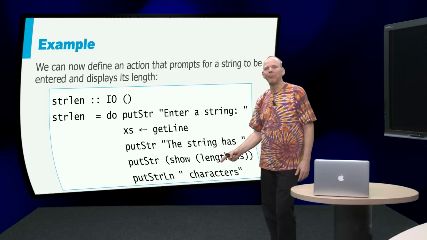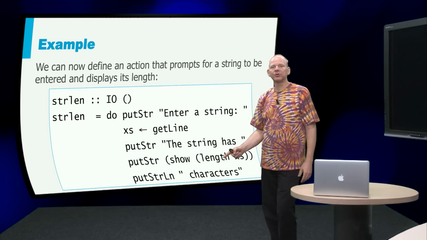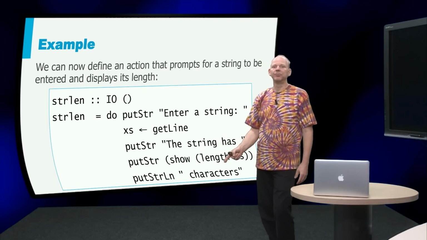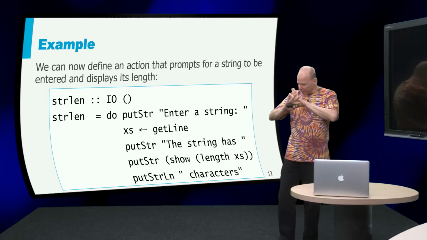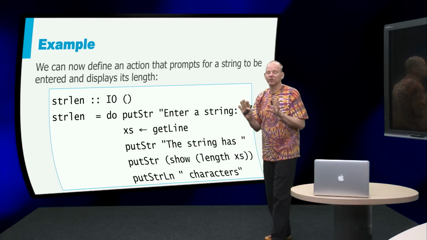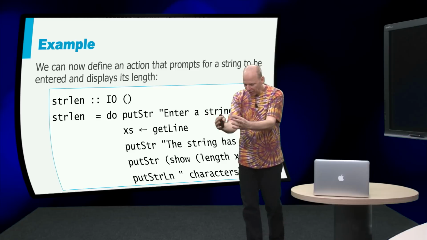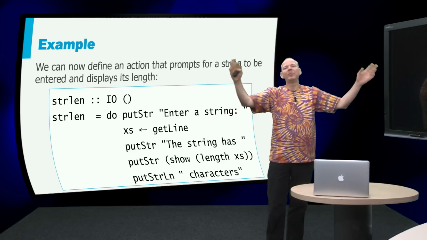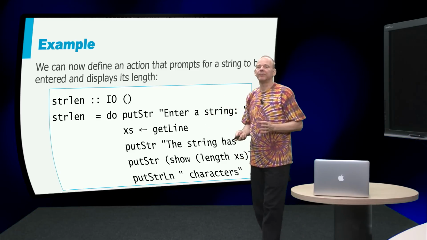But you see here, there's an island of purity in the sea of impurity. And this is a perfect way to program. You have little parts of pure code embedded in a context of impure code.